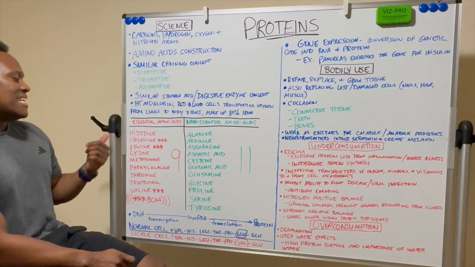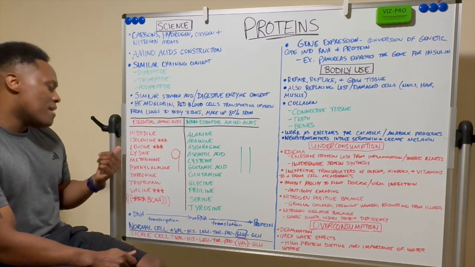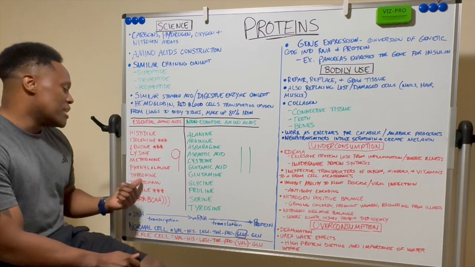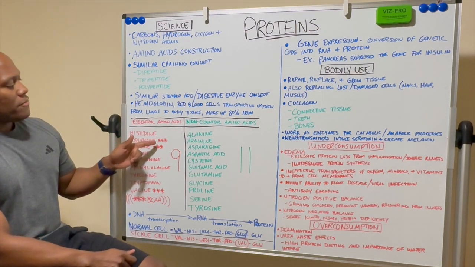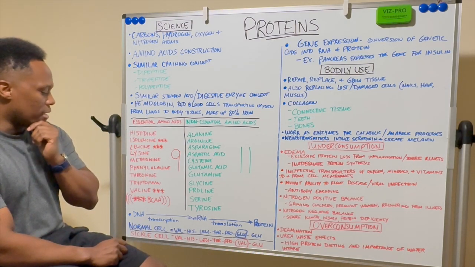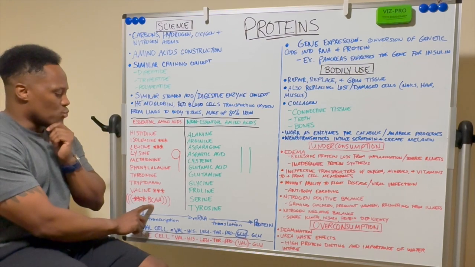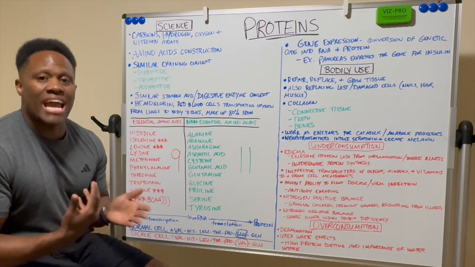You have histidine, isoleucine, leucine, lysine, methionine, phenylalanine, threonine, tryptophan, and valine. Now, if you look, 3 of these amino acids have asterisks by them. The ones with asterisks are known as your BCAAs, or branched chain amino acids.